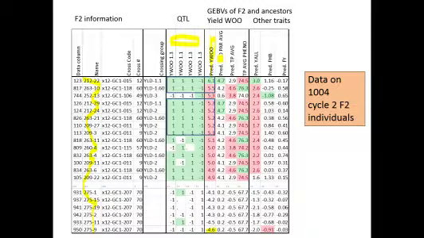If the cell is unfilled, it means it has either missing data or it has the allele for decreasing yield. So we certainly want to pick the individuals towards the top here that have the highest predicted values for yield, but we also want to make sure we pick the individuals that have the alleles associated with high yield at these QTLs.